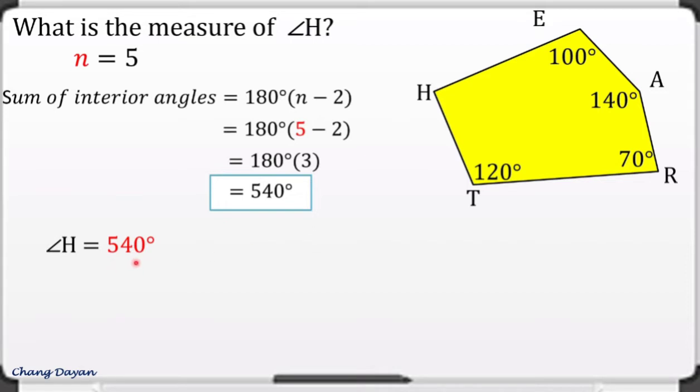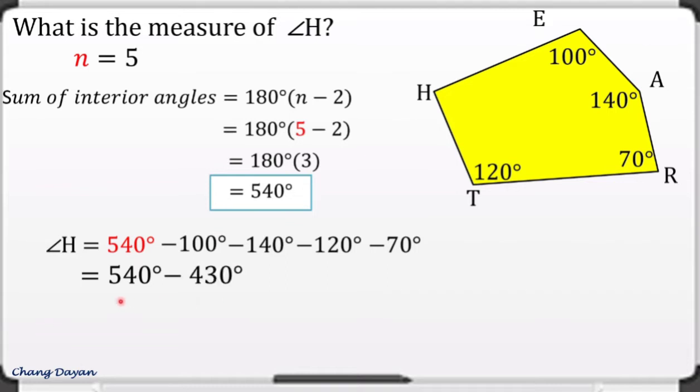So, 540 degrees minus 100 degrees minus 140 degrees minus 120 degrees minus 70 degrees. And we'll have 540 minus 430.